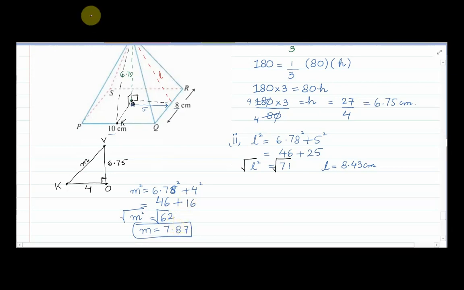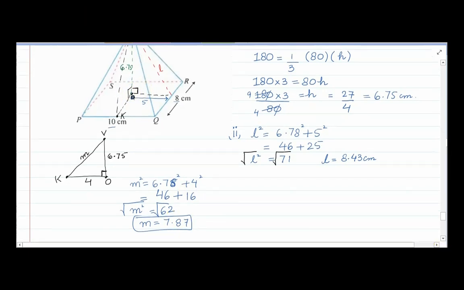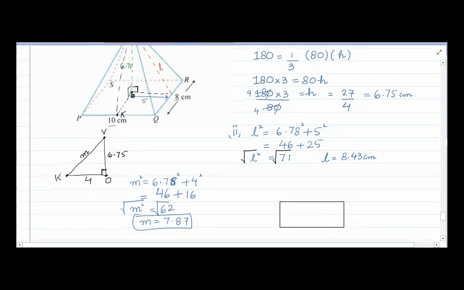Now why did I find it? If I open the pyramid, which shape will I get? In the last question we had solved a similar question, right? So when you open the rectangular pyramid, you have 4 triangles. Sorry, triangle is not rectangle.